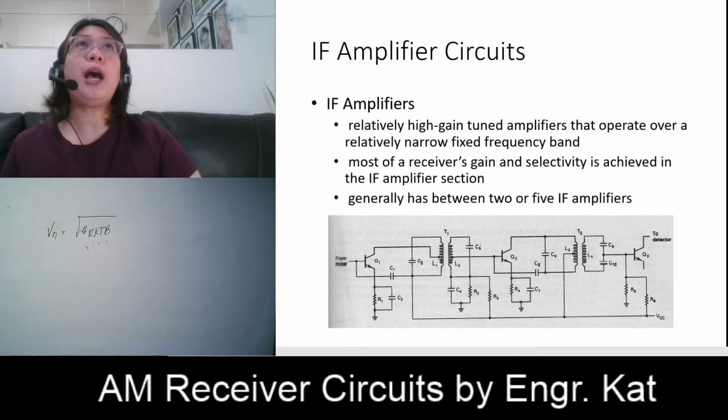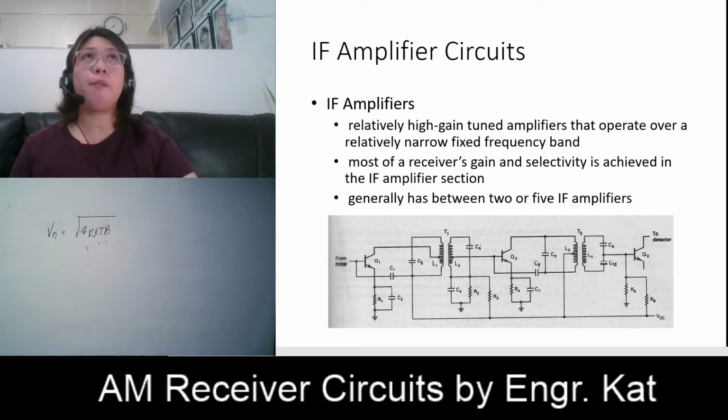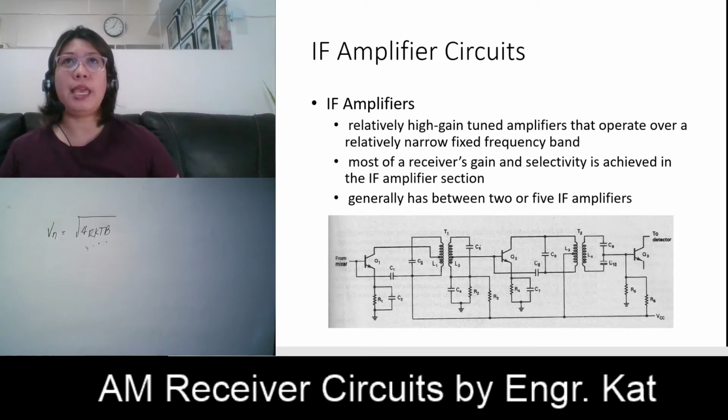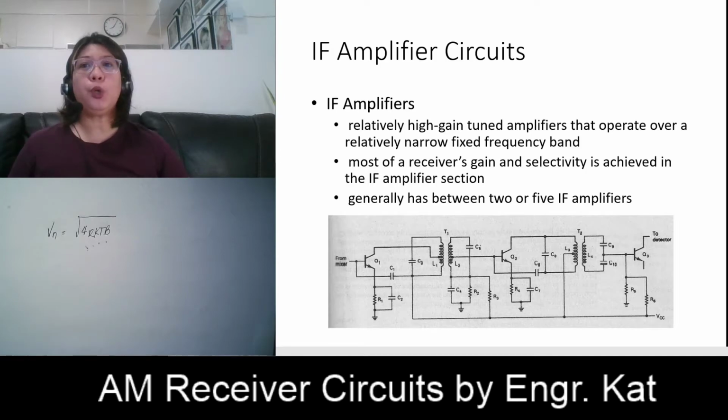Okay, so following the output of our mixer and converter circuit is our intermediate frequency, our IF amplifiers. Okay, so IF amplifier circuits are very similar to RF amplifiers. They only differ in the frequency range.